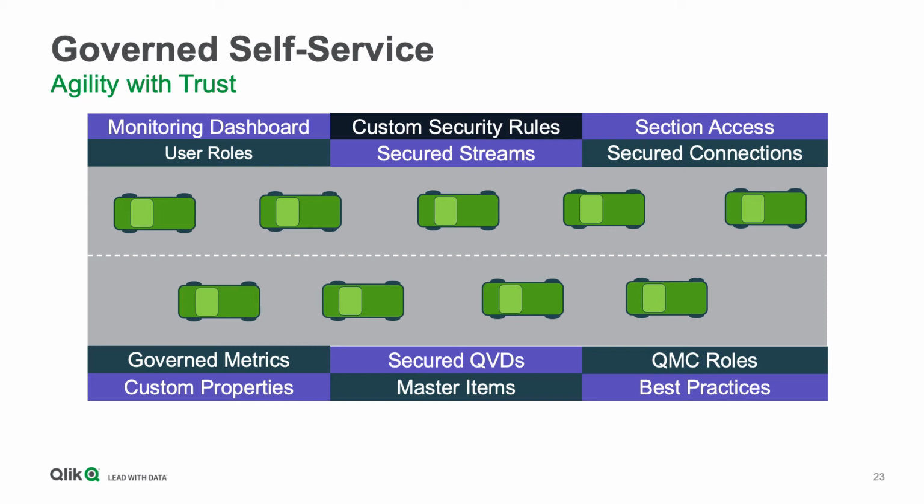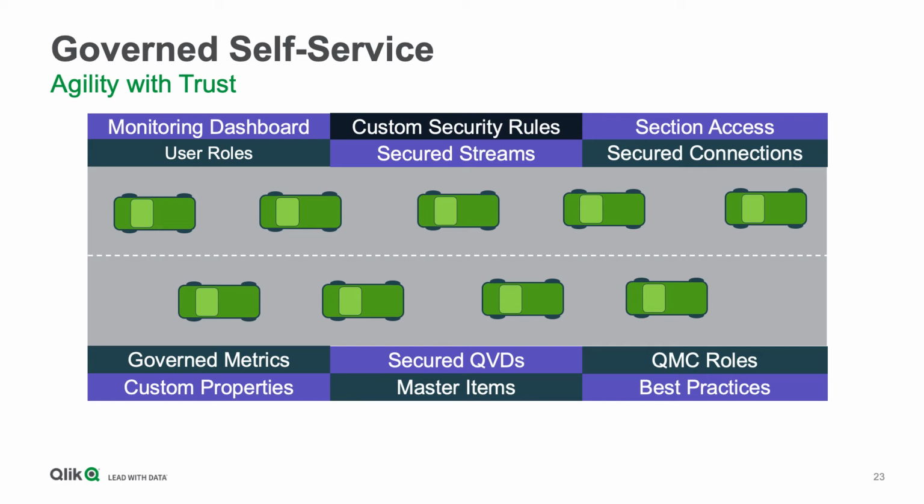It means you're going to be able to monitor who has what and who's doing what, who's using which things, controlling information with section access, which is Qlik's method of securing access to rows and columns of data inside a Qlik Sense application. Securing the data at source, creating master items and master calculations, and other best practices.